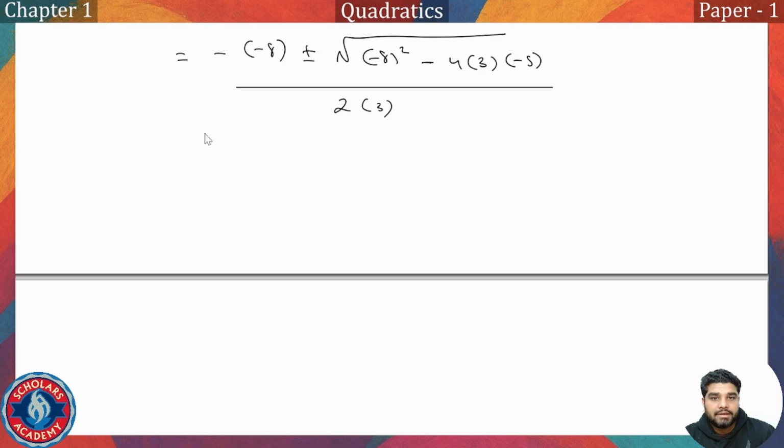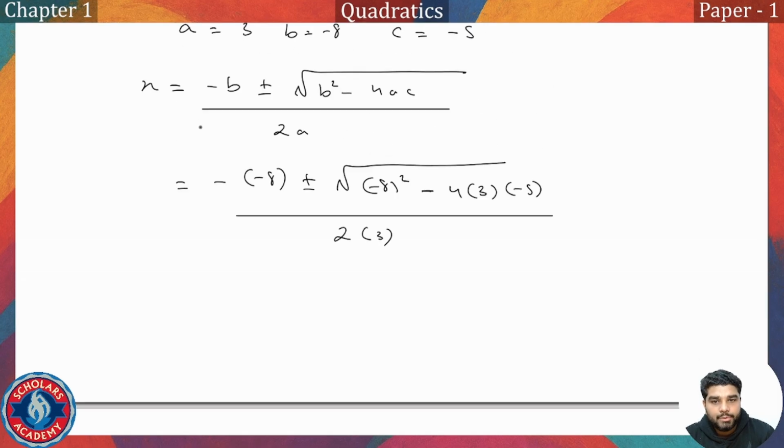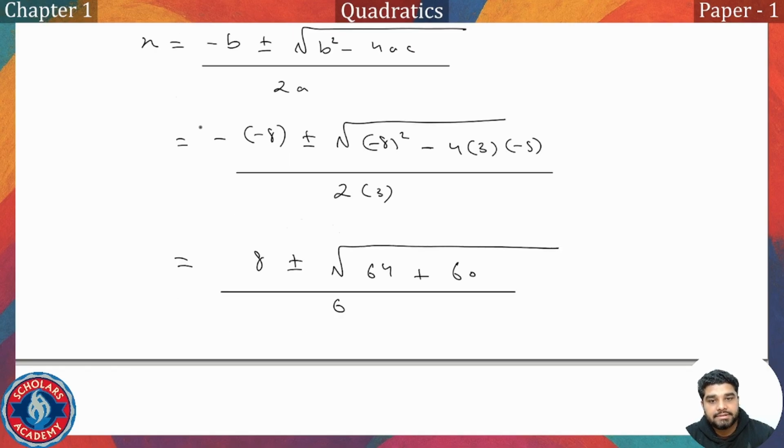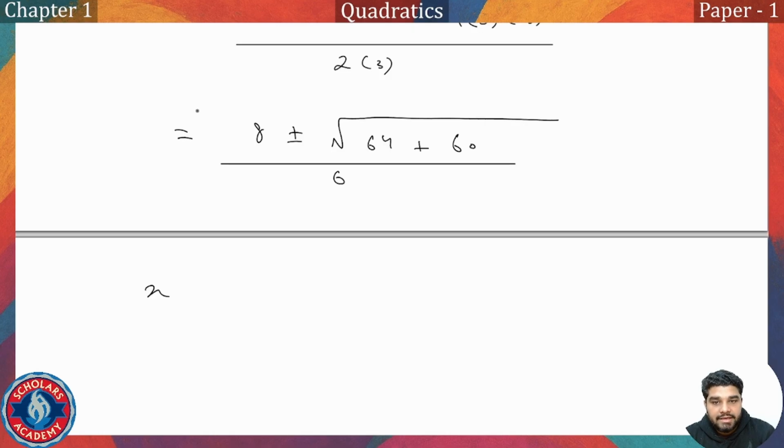Alright, and if we simplify it, we get 8 plus minus root of 64 plus 5 4 is 20 times 3 is 60 by 6. This gives us x is equal to 8 plus minus root of 124 by 6.